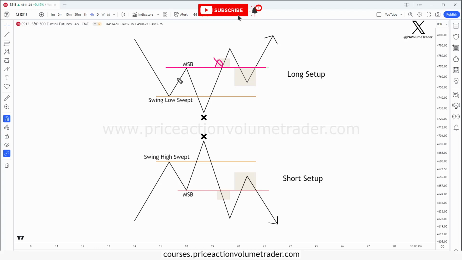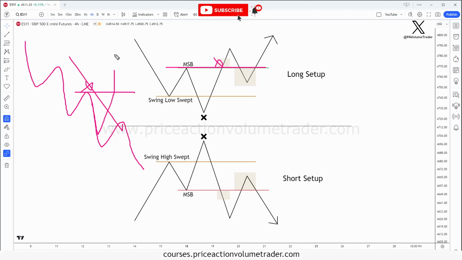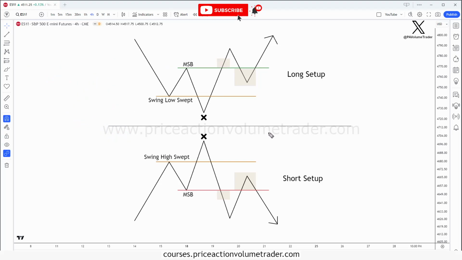Because like I said, if this was exhibiting just downtrend behavior, we would have continuous lower lows, lower highs. However, what we have here is we came up, and instead of making a new lower low and lower high, we've come and broke above this. So we've essentially changed or broken the downtrend dynamic.